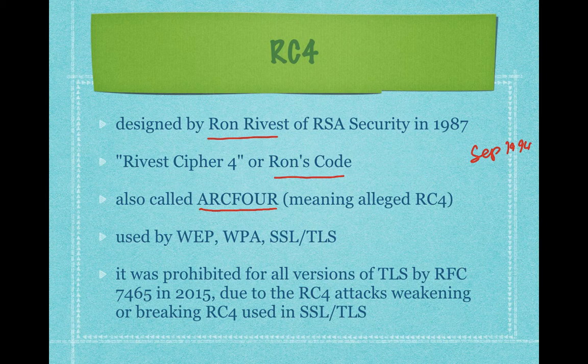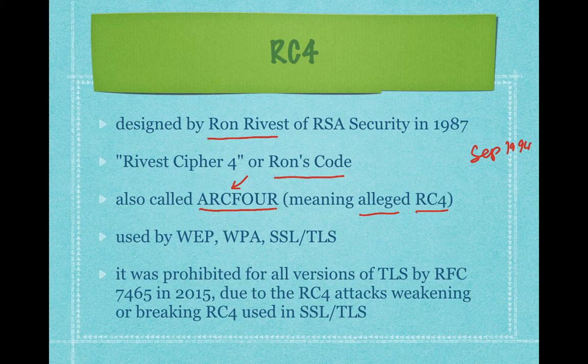People also wanted to avoid the trademark problem with RC4. So when they wanted to implement it, they decided to use the name alleged RC4, and hence they ended up with a new word called ARC4. If you look at Microsoft documentation and other older documentation, quite often you will see the word ARC4. That's how we ended up with the name ARCFOUR instead of RC4.